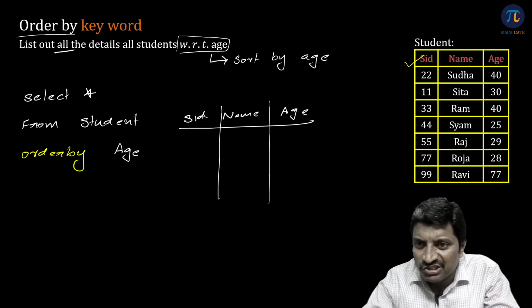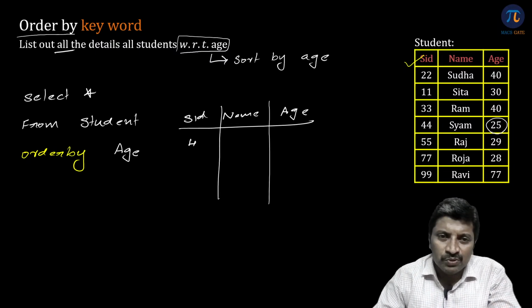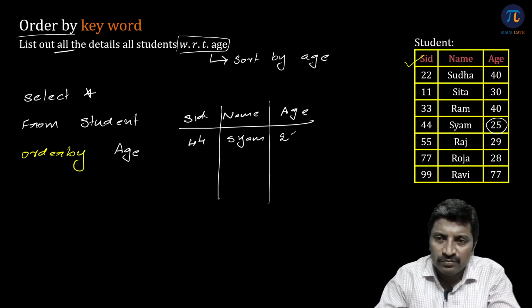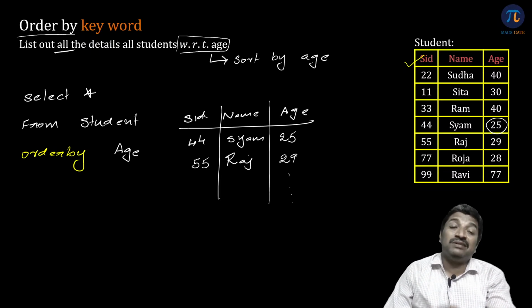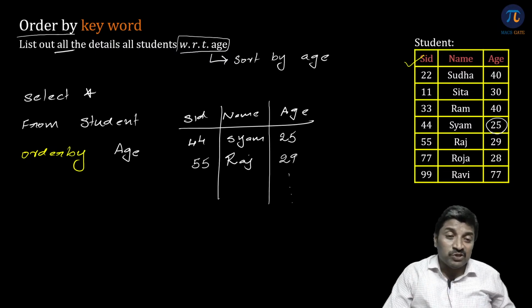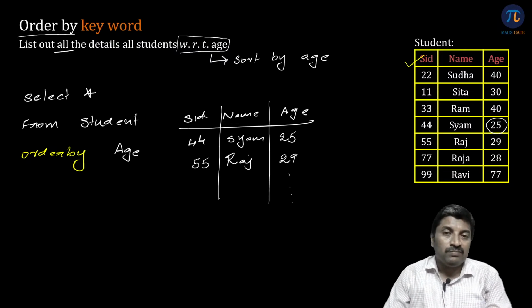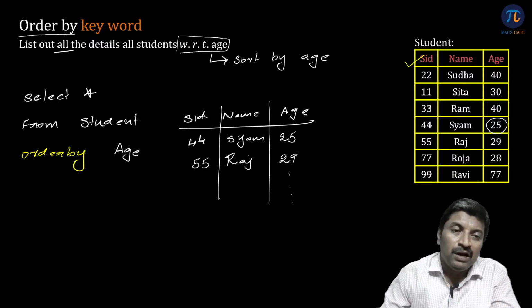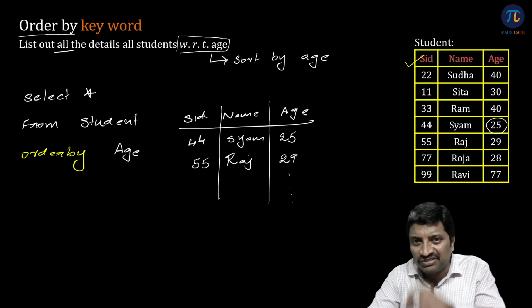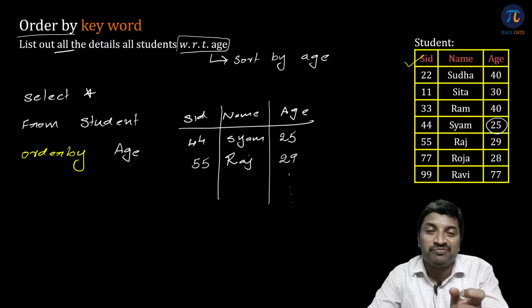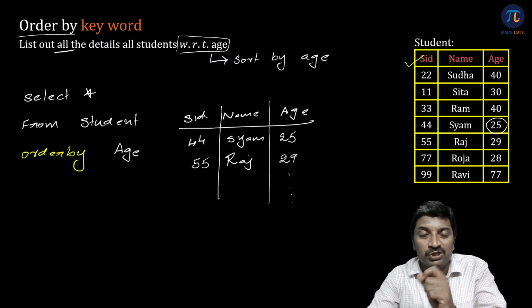What is the record with the smallest age? 25. So Sham will be displayed first, followed by Raj. Like that you can continue, sir. So we are displaying the result with respect to the attribute age. The order by clause is the last one, because once the answer is fixed, only then do we specify the order in which we need to display the result.